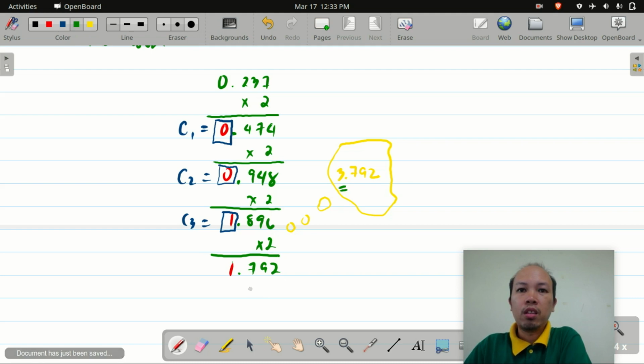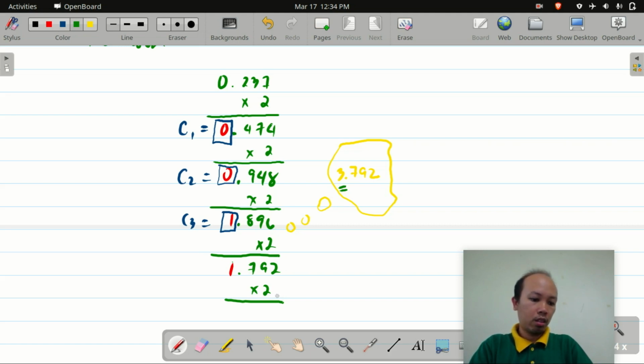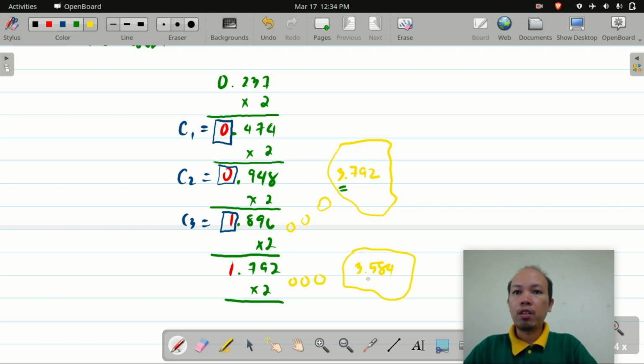Then multiply again by 2. 1.792 times 2 is 3.584. So 3 here is replaced by 1, and we have 1.584.